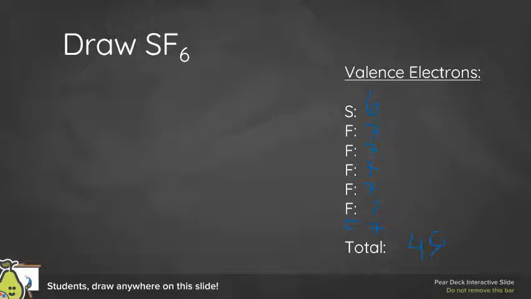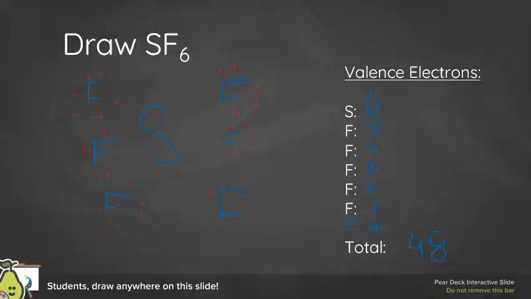So as we draw this, we've got our sulfur in the center, we've got 6 fluorines around it, and each of those fluorines is going to have 7 valence electrons. So we draw them in a way where the one that's just by itself, the single electron, is facing in, because we know that's the one that's going to want to bond with sulfur.